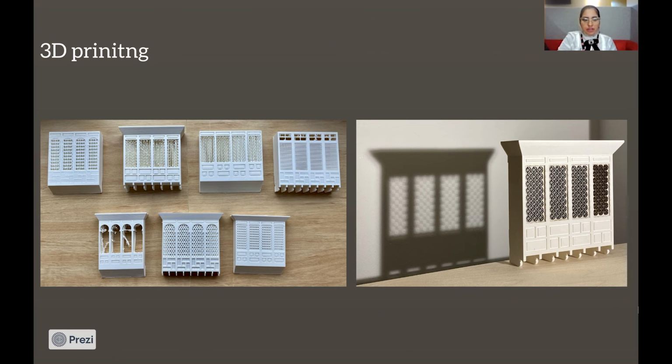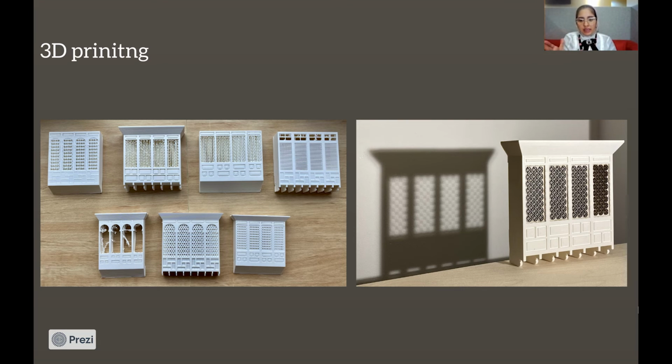And the 3D printing result. I did different attempts to see different results, but because the latticework of the window is so detailed and so small, the 3D printer couldn't really print it out.